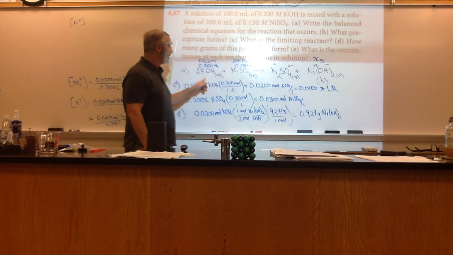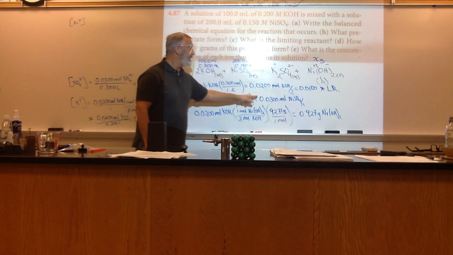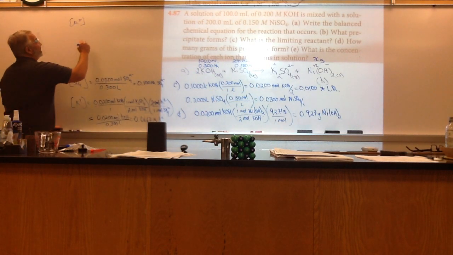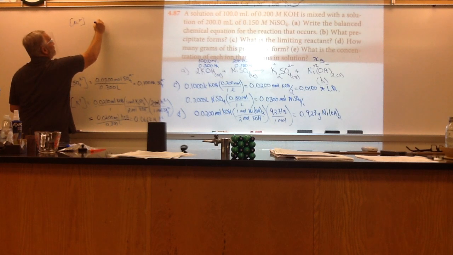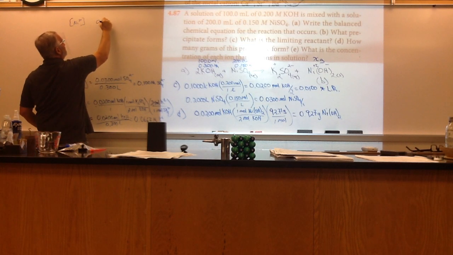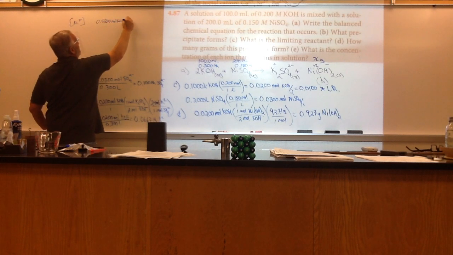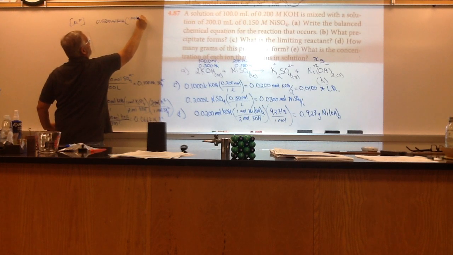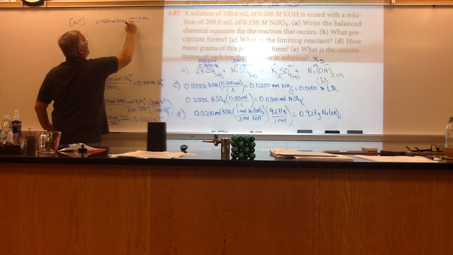We know how many moles reacted, so we can do this. We start with 0.02 moles of KOH times 1 mole of nickel sulfate for every 2 moles KOH.